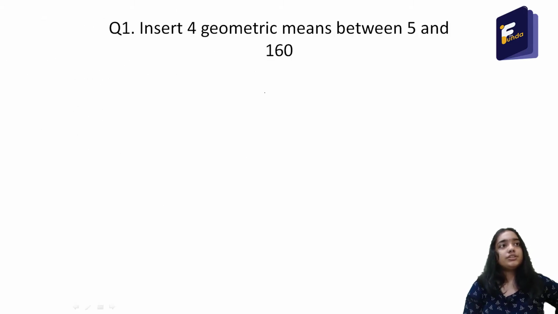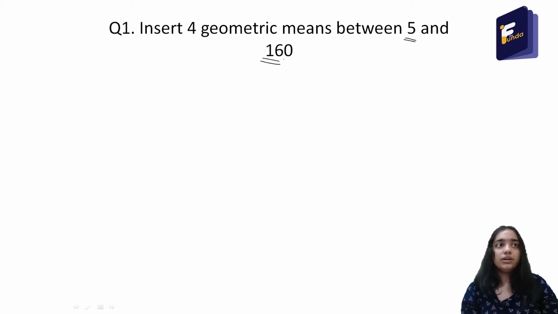The first question is, insert 4 geometric means between 5 and 160. So you have to insert 4 geometric means between the terms, where the first term is 5 and the last is 160. Now you may pause the video and solve this question.